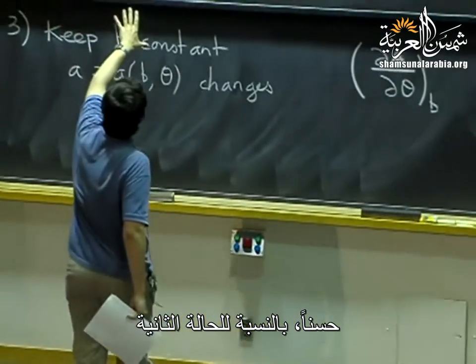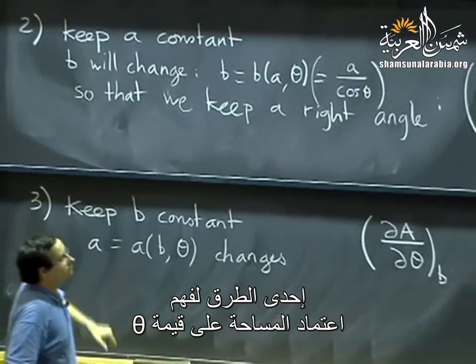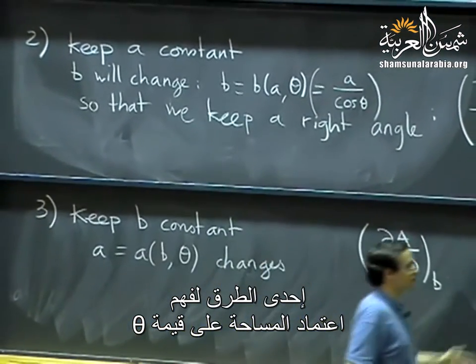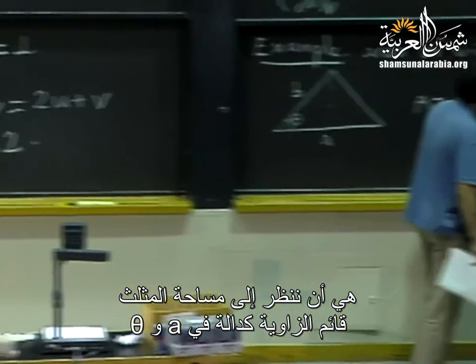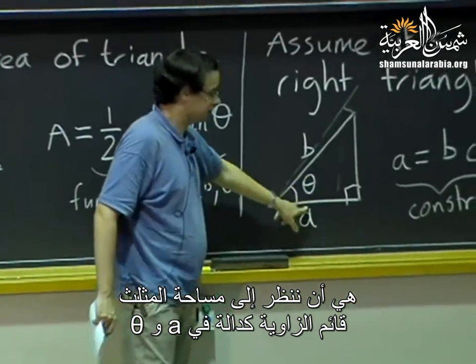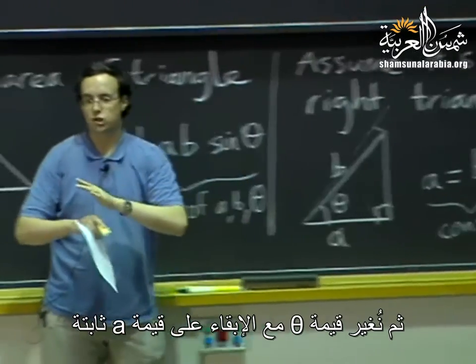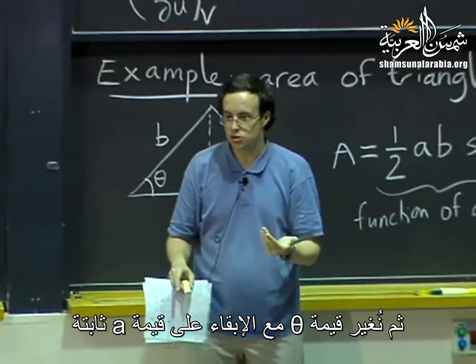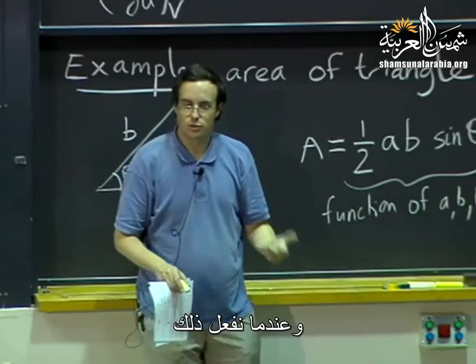Okay, so the second answer again. One way to ask ourselves how the area depends on theta is to look at the area of a right triangle as a function of A and theta only, by solving for B. Then we change theta, keep A constant, and ask how the area changes.